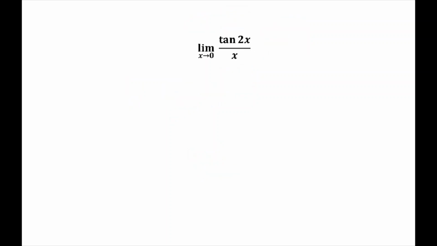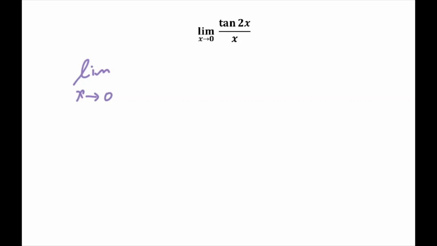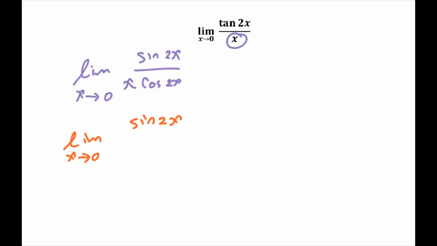Now about this one here, I need to have sine. So what I'm going to do, tangent is basically equal to sine 2x over cosine 2x. And I do have the x here. Now I'm going to split this. So sine 2x over x multiplied by 1 over cosine 2x. Now I am missing 2 here, right?